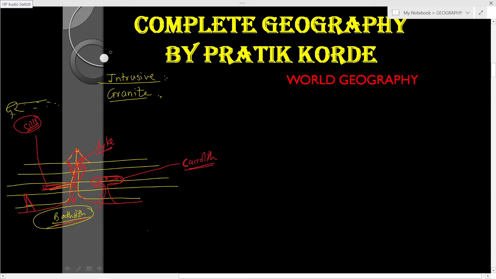Okay, like a saucer, so that will be lapolith. And this will be the batholith, that is the huge mass of igneous rock.